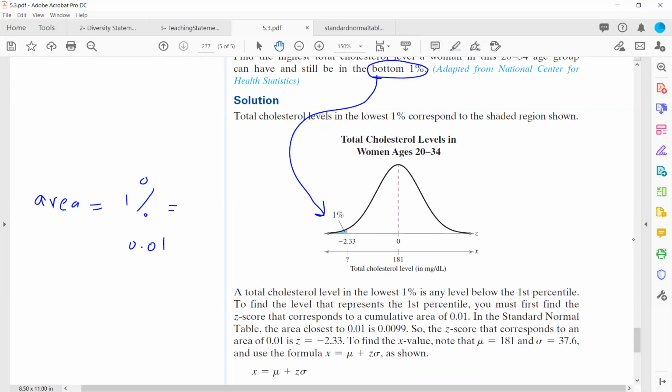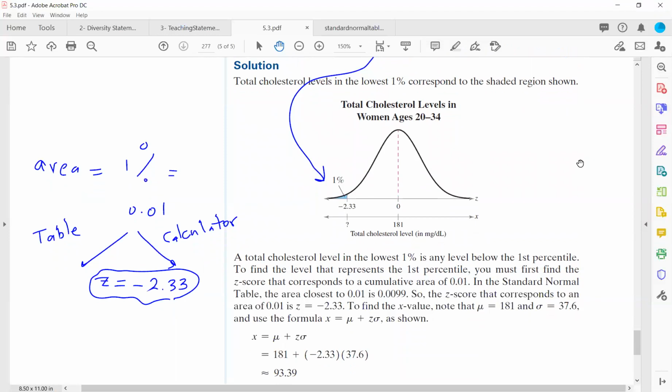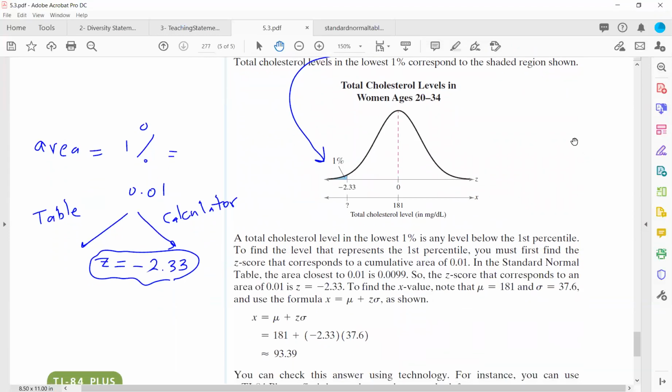We can look at our table, or we can use our calculator's inverse norm. The z value that corresponds to 1% is negative 2.33. In the next step, your goal is to find the x value.